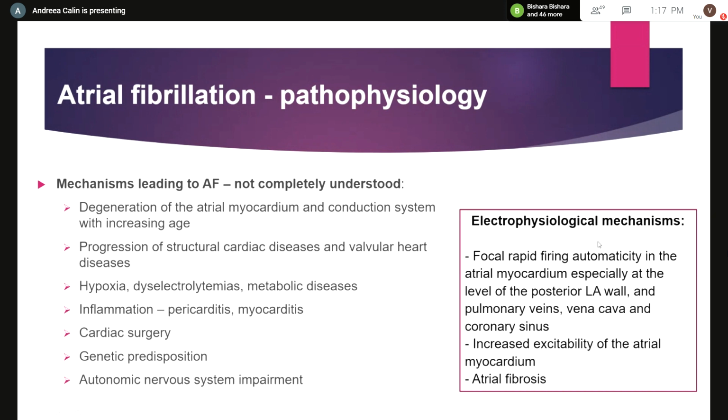The electrophysiological mechanisms are complex. There is rapid firing automaticity in the atrial myocardium, especially at the level of the posterior left atrial wall and pulmonary veins and vena cava and coronary sinus. There are some regions that are prone to this degeneration and rapid firing. And there is an increased excitability of the atrial myocardium that is also related to atrial fibrosis.